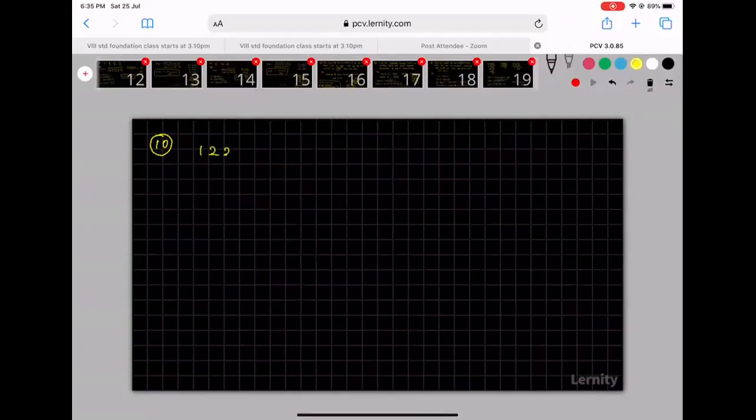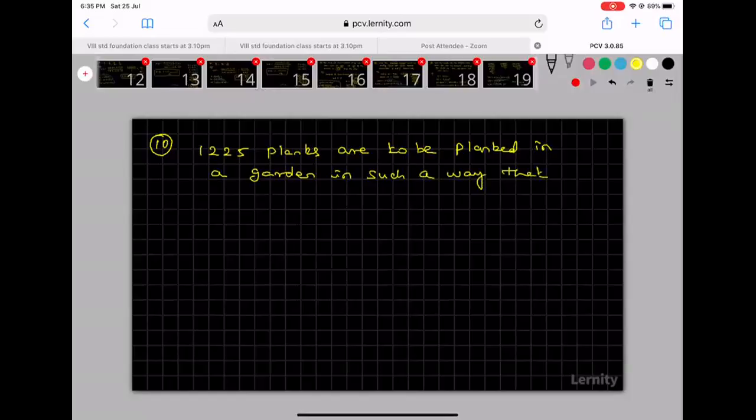1225 plants are to be planted in a garden in such a way that each row contains as many plants as the number of rows.